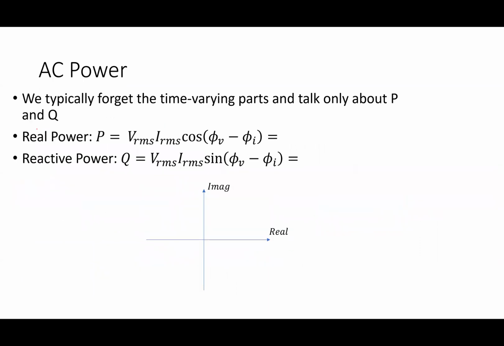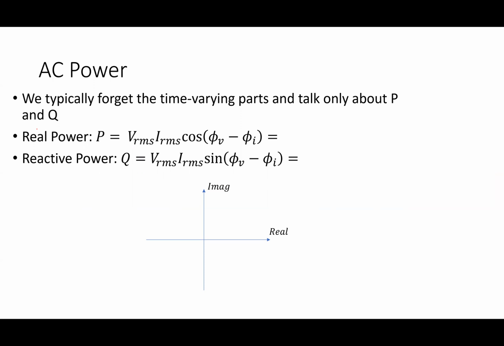These are the two things that we remember. Now, if I look at real power and reactive power like that, there's a couple of things I want to note about them. They look pretty similar to DC circuits where I said it's V times I, except I've got these cosine and sine things.